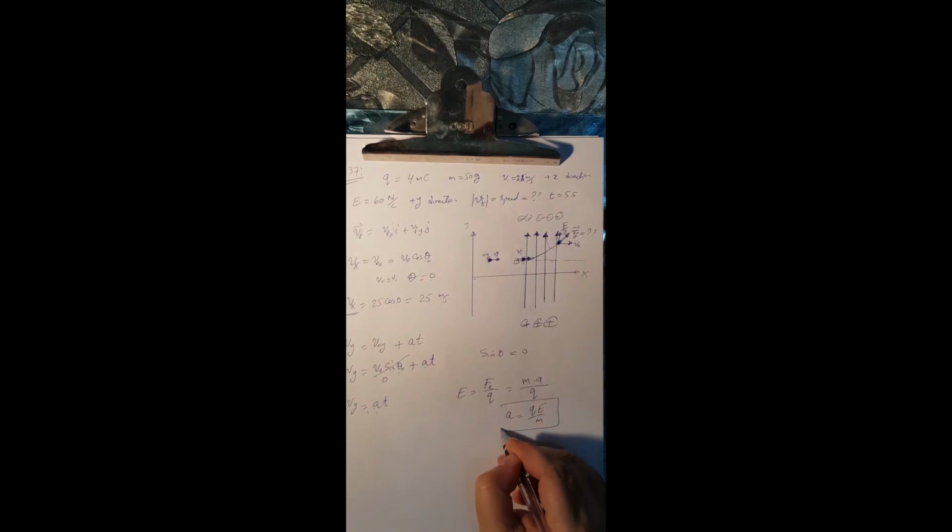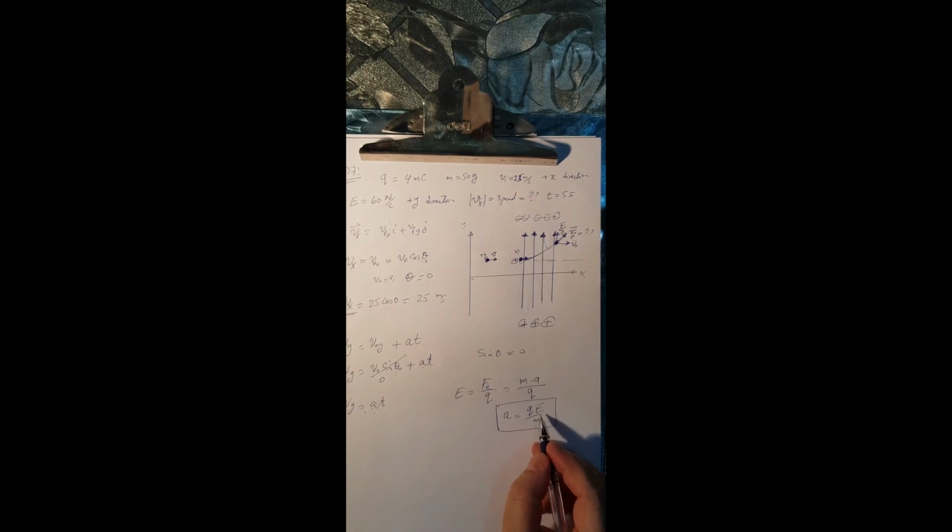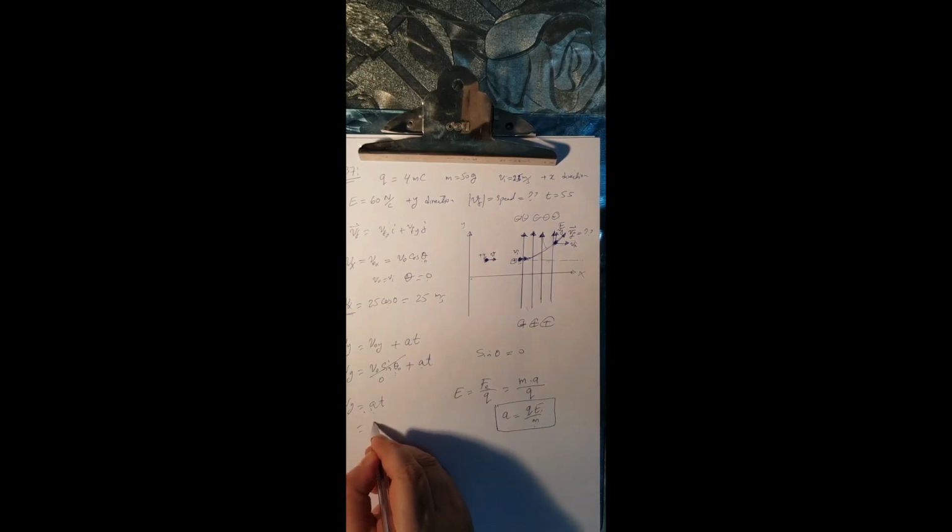This is always true in electricity. So we replace it: charge times electric field over mass, multiplied by the time. This is Vy. Everything is known: Q, E, time, and the mass. You just have to substitute.